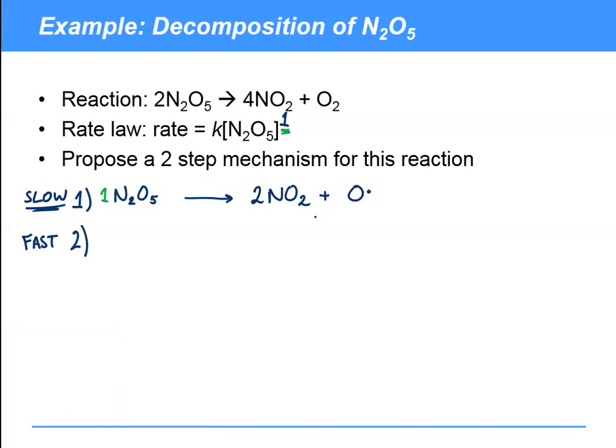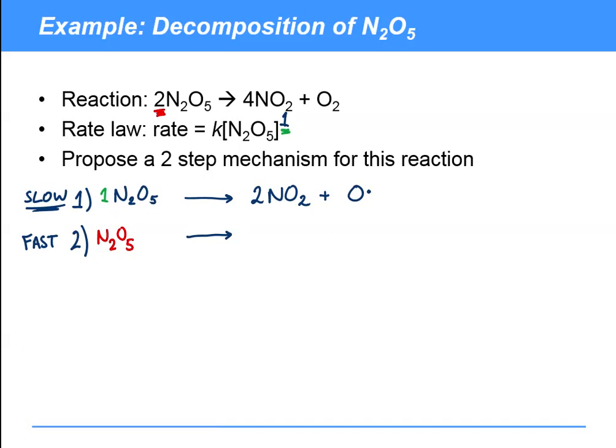Now what's going to happen in the next step? We've only got 2 steps here, so the options are pretty limited. Let's look carefully at what needs to be in, starting with the reactants. In the overall equation I've got 2 molecules of N2O5, so I'd better have an N2O5 in my fast step.